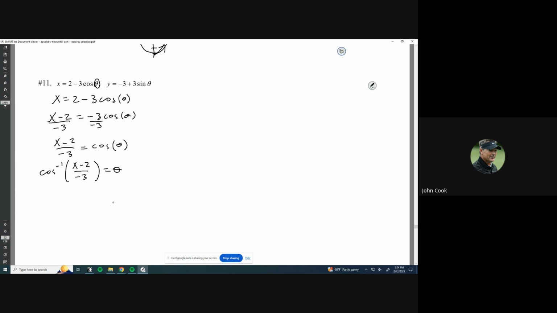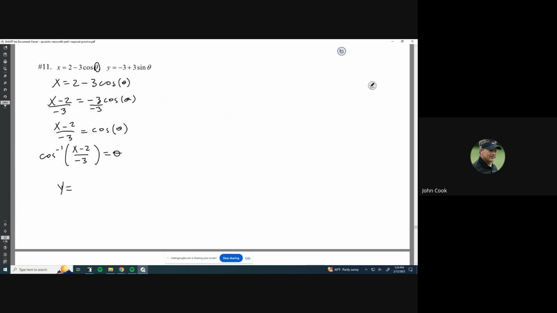Okay, and then for my rectangular coordinates, I would just plug in that value for theta. So y equals negative 3 plus 3 times the sine of cosine inverse of x minus 2 over negative 3. There you go, there's my equation in rectangular form.